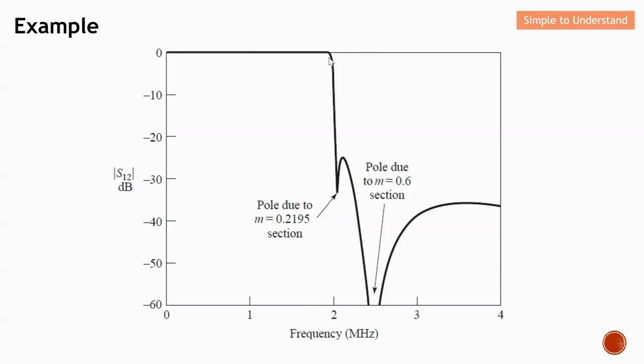The first pole is because of this strategized location of 2.05 MHz. This is due to m equal to 0.2195. Then we are able to achieve this strategized pole with the m-derived filter section. Next, another pole is due to the matching network, which is the m equals 0.6 section.